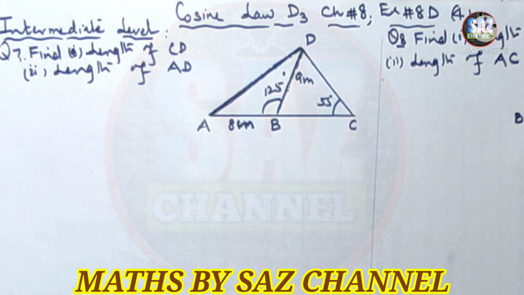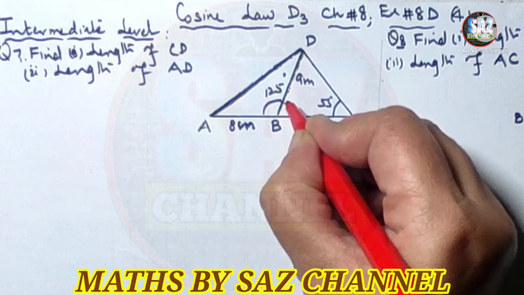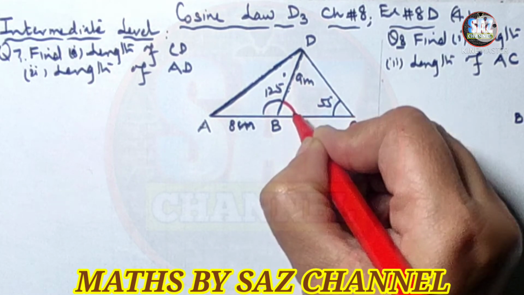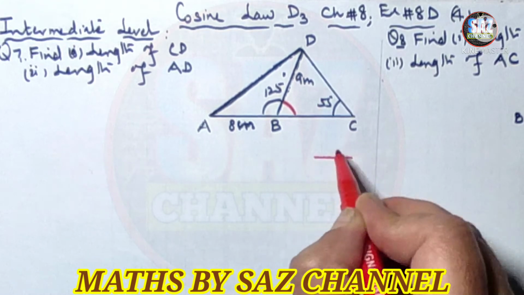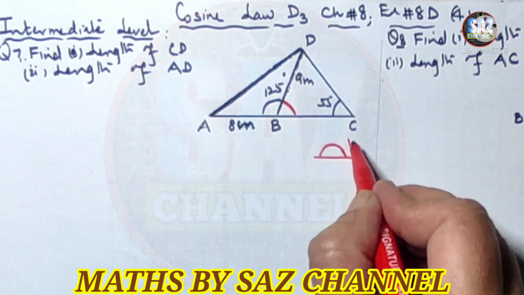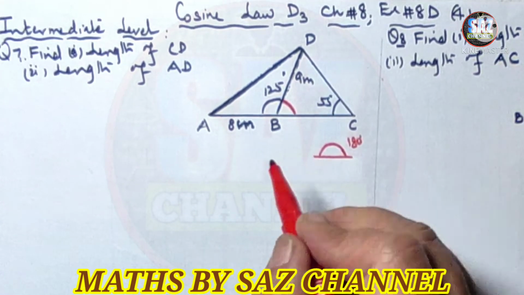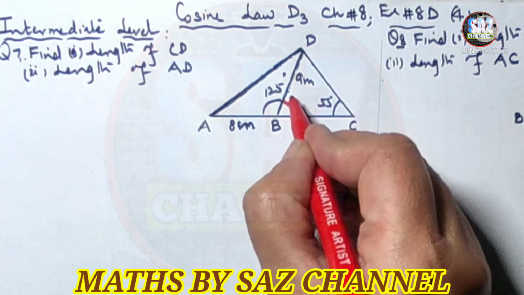I always advise my students that if you can perform some basic calculations before the solution, you can do that. We know that angles along a straight line make a semicircle and their sum is 180 degrees. So 180 minus 125 gives me 55 degrees.